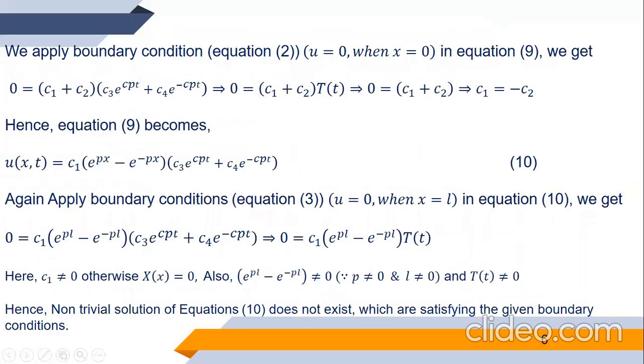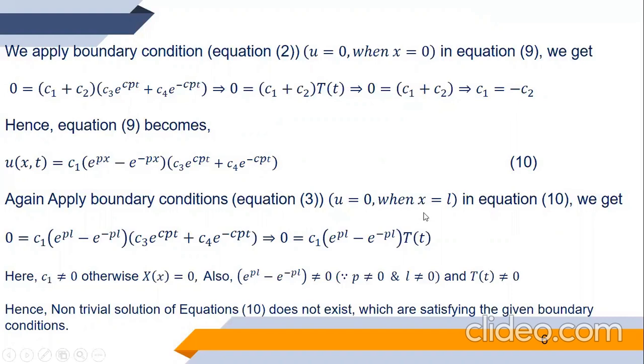Now applying the boundary condition equation 2 in equation 9, we get c1 is equal to minus c2. And c1 equal to minus c2 we input in 9, then equation 9 becomes equation number 10. Now in equation 10 we apply again the boundary condition equation 3.